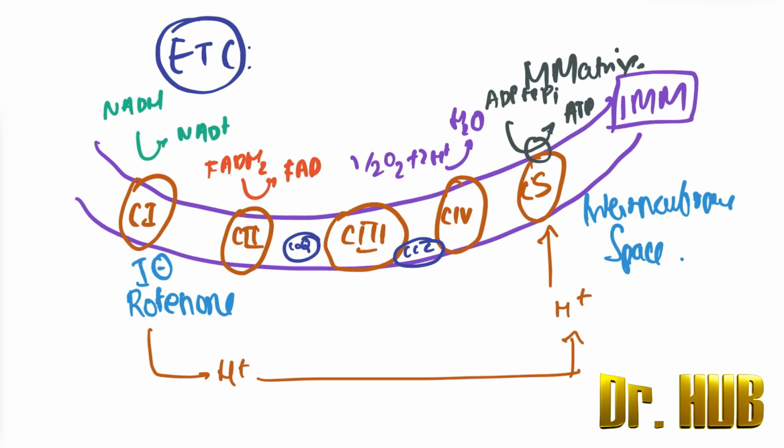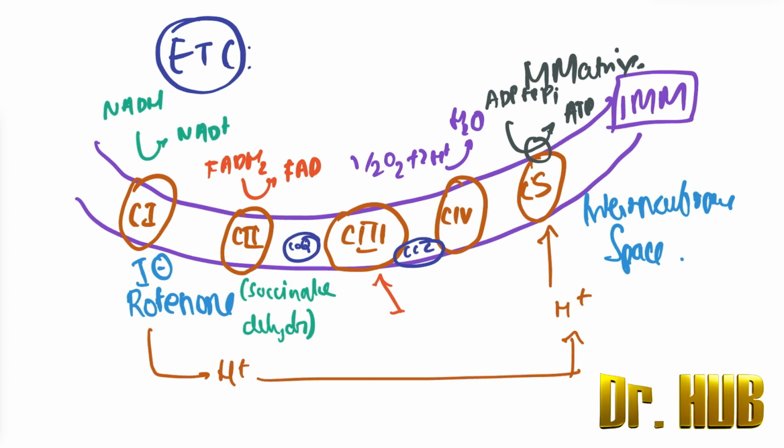Then next we look at complex 2, where there is the presence of succinate dehydrogenase. When looking at C3, the inhibition here is by antimycin.